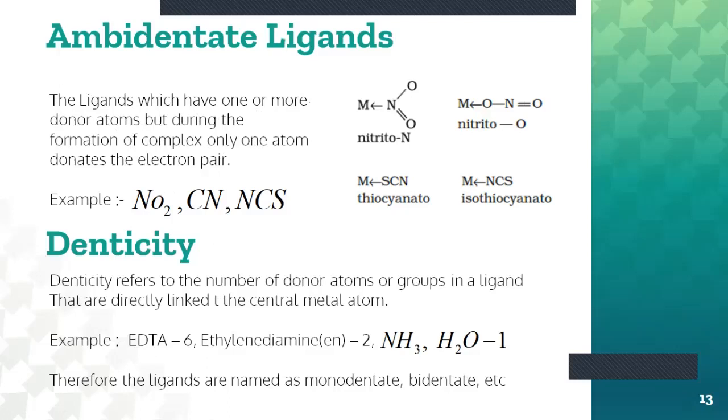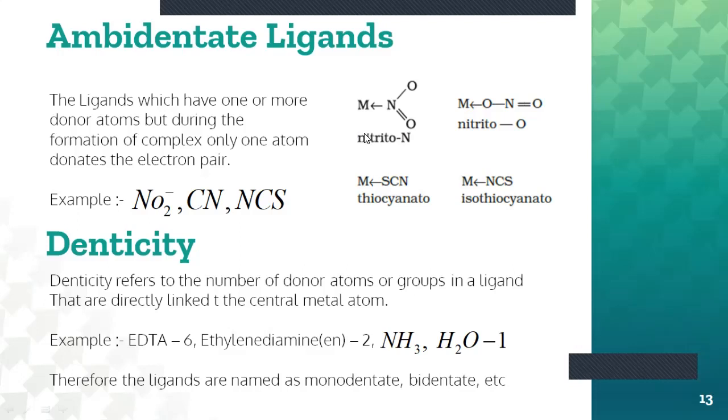This will make you very clear that there are some compounds or molecules having more than one donor atom, but only one of the donor atoms can donate the electron pair.